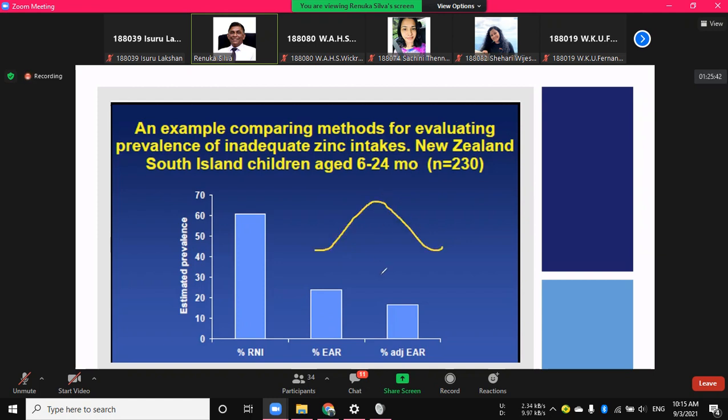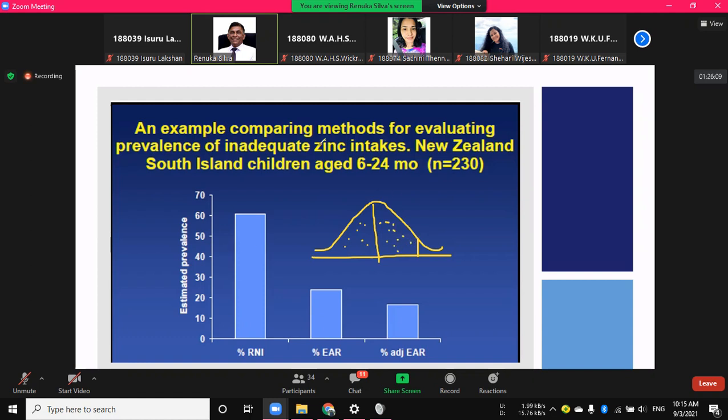if you use a graph, this is for the normal population. Normal population means healthy population. This is the EAR and this is the RDA. So this side 50% and this side 50%.